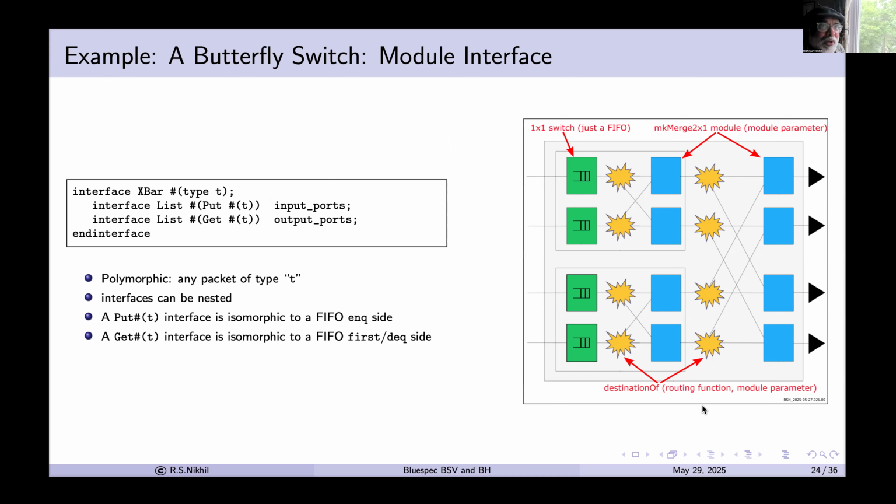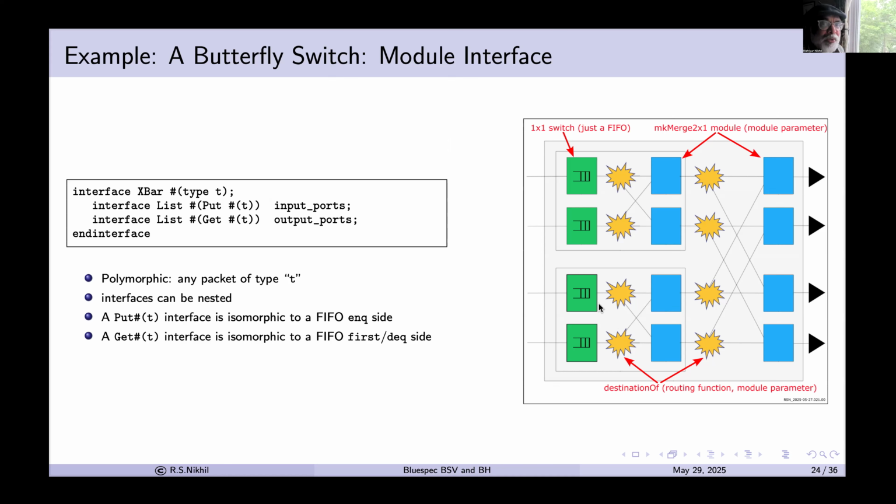Second observation to look at in this picture is that it's recursive. What I've shown you is a 4x4 switch. But internally over here, you can see that I have two 2x2 switches that have exactly the same recursive structure as the 4x4 switch. So you can go in the other direction, make an 8x8 switch or a 16x16 switch, just following the same recursive principle that you see out here.